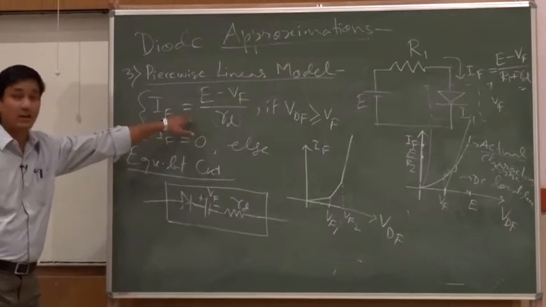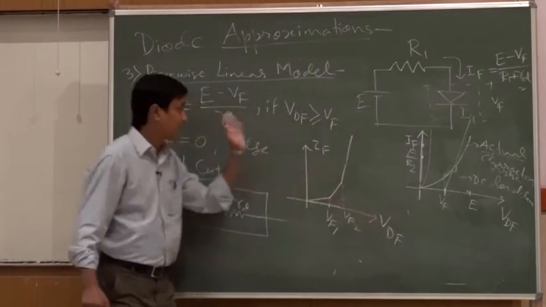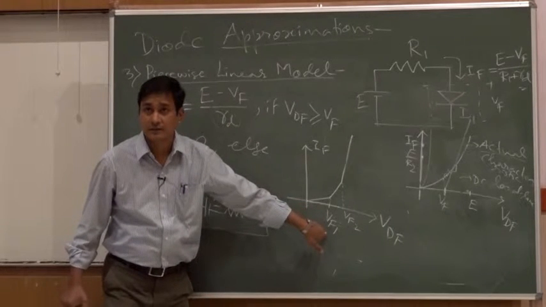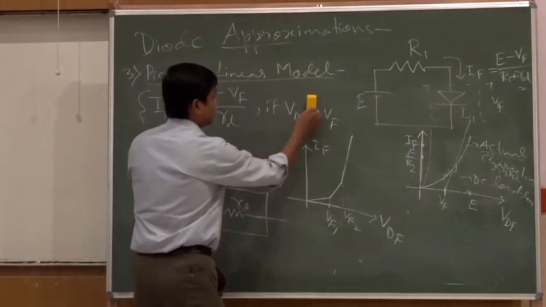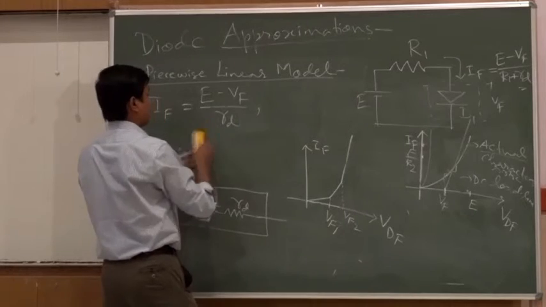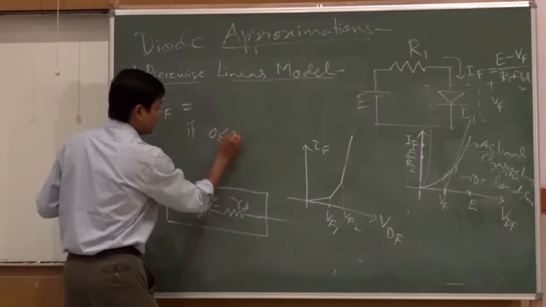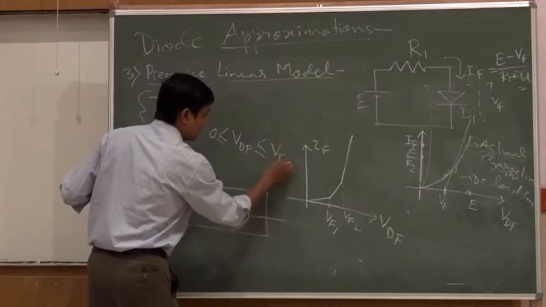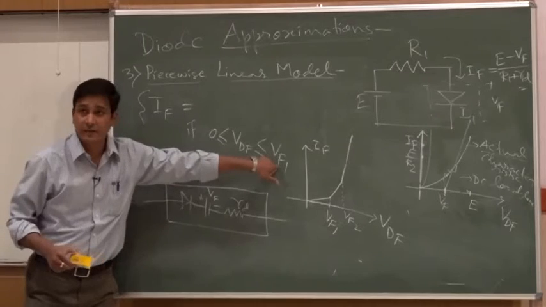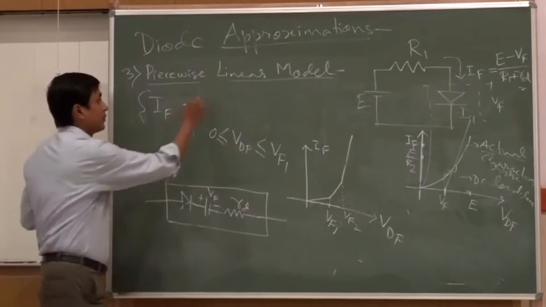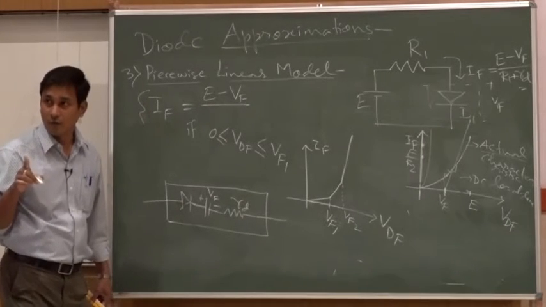So here I will mathematically represent it in this fashion: if the voltage drop across the diode VDF is greater than 0 but less than Vf1, in that case the current flowing through it will be E minus Vf1 by R1 plus RD1.